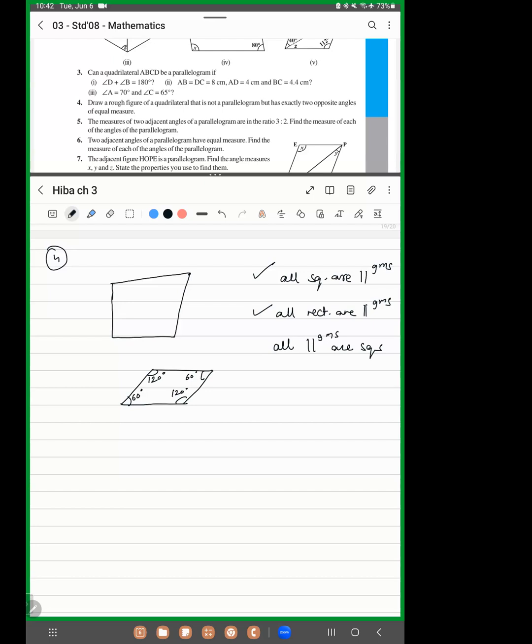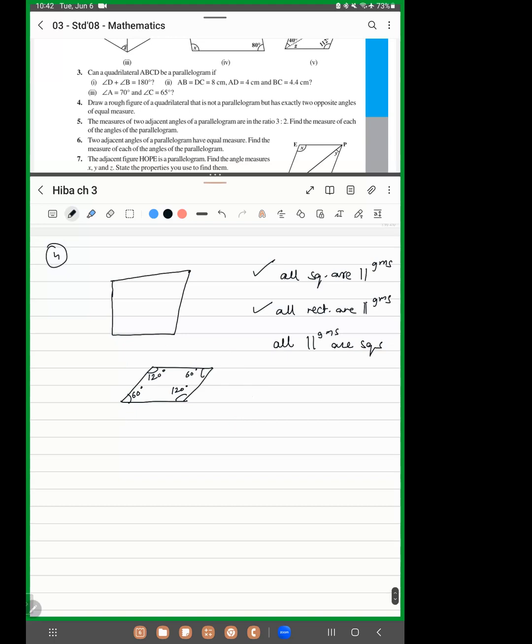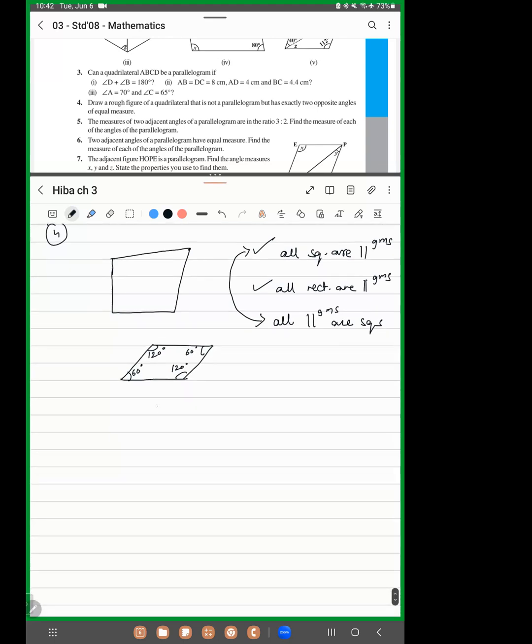But all squares are parallelograms, so how are all parallelograms not squares? This is an example of how all parallelograms are not squares. But these are two entirely different things now. If I say that all girls are children, is this true or not? Yeah. It is true.